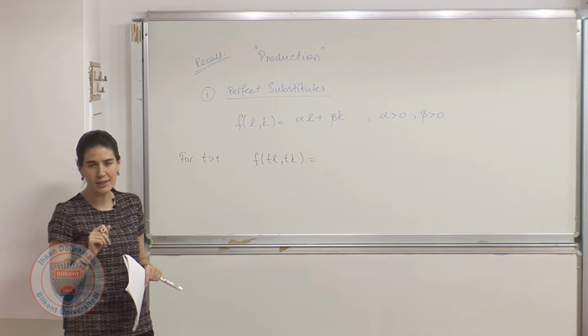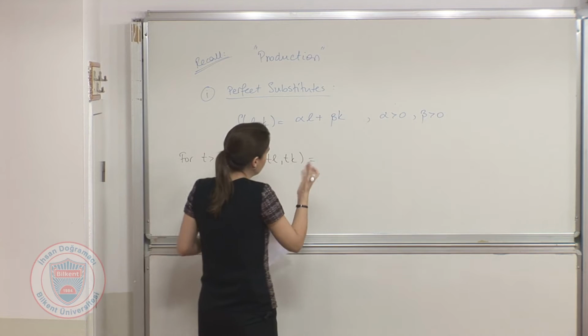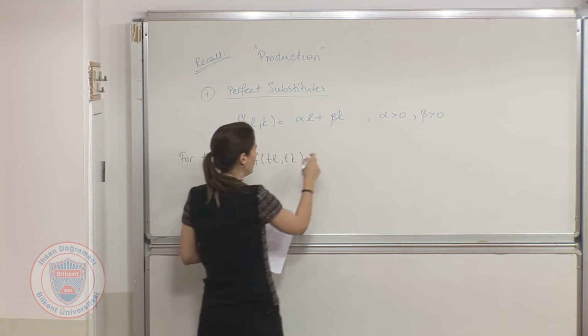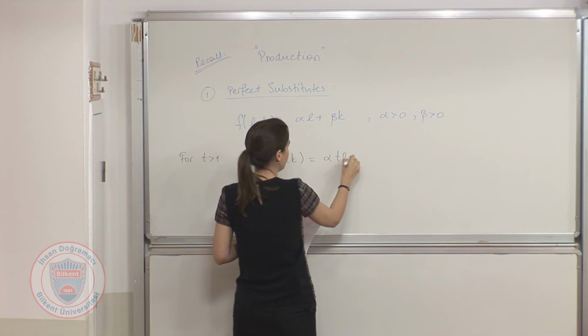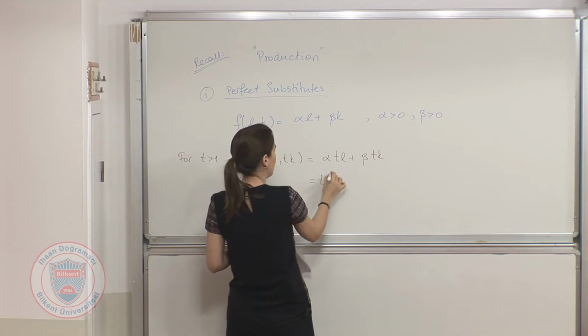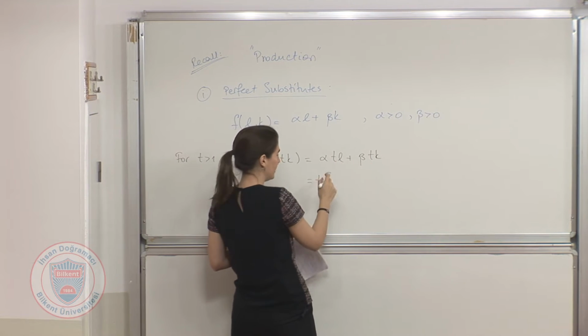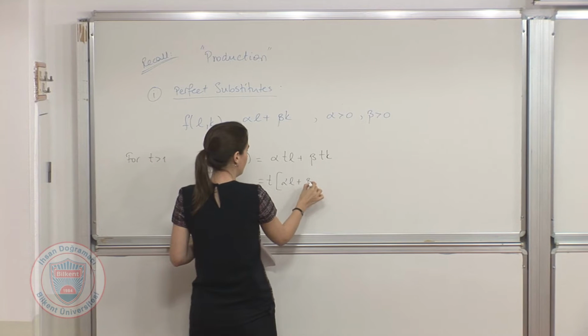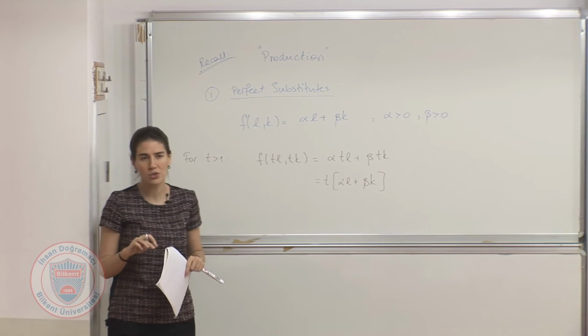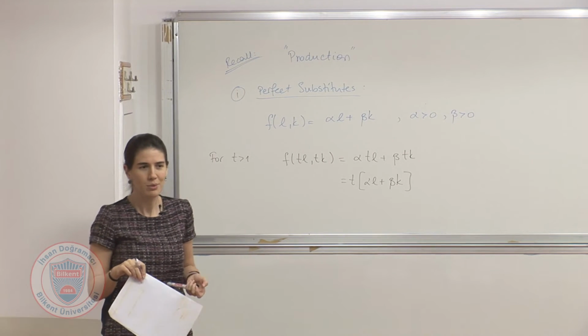So for instance, the returns to scale we defined. This is going to be alpha t times L plus beta t times K. From here, when I take t into parentheses, this is going to be t times alpha L plus beta K. So this perfect substitutes case shows which returns to scale?